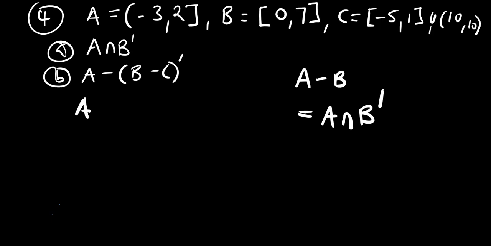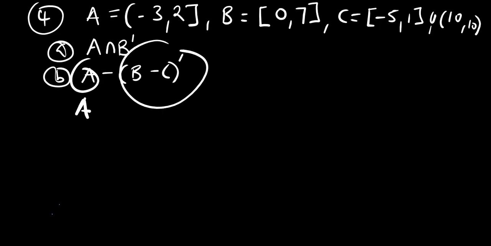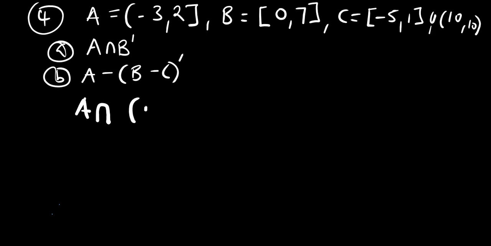Even in our case, we're going to do the same thing. We've got two sets: A, and B minus C complement. We're going to say intersection, the minus associated to the intersection. Then B minus C complement. This is a set on its own, but because we've put an intersection, we have to put another complement.